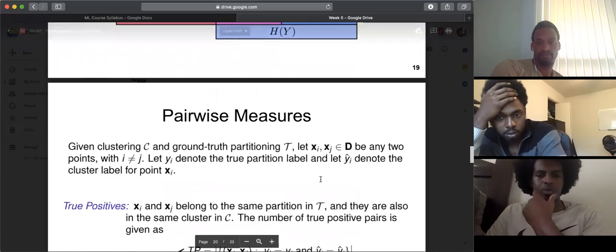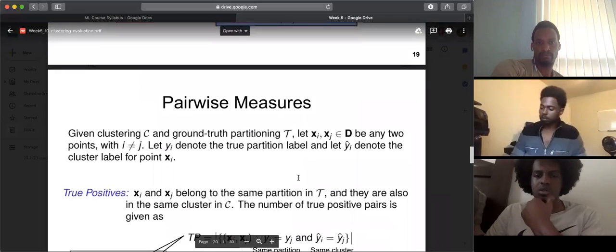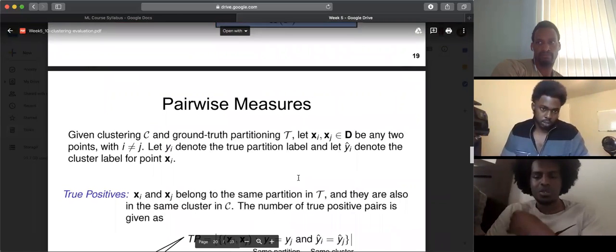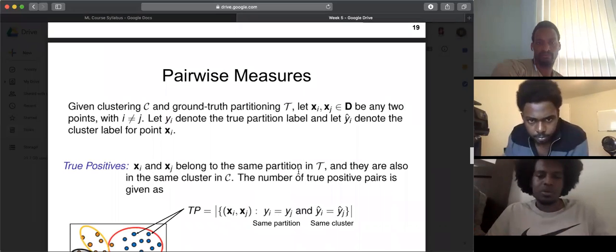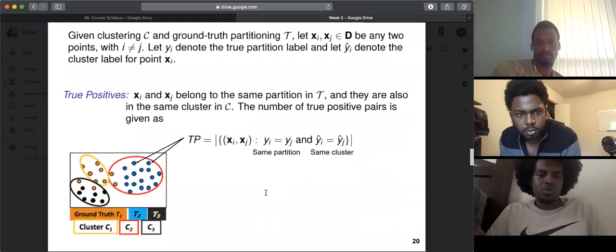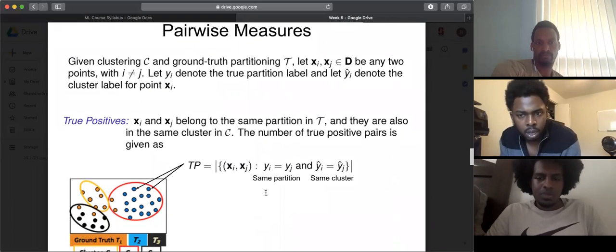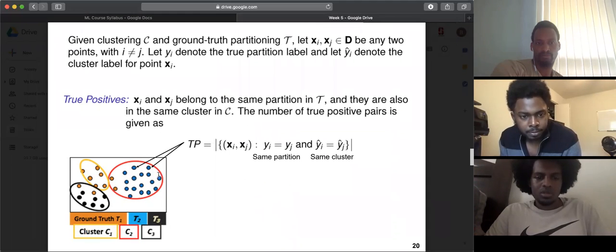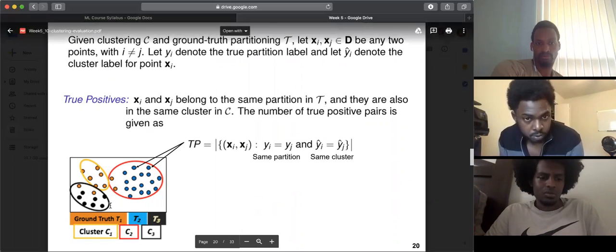Okay, cool. So pairwise measures. This is a different approach to measuring how good your system is, and this is using the individual data points. Here they define true positives: x i and x j belong to the same partition T, and they are also in the same cluster C. So true positive pairs, I would say, would be your orange cluster one.